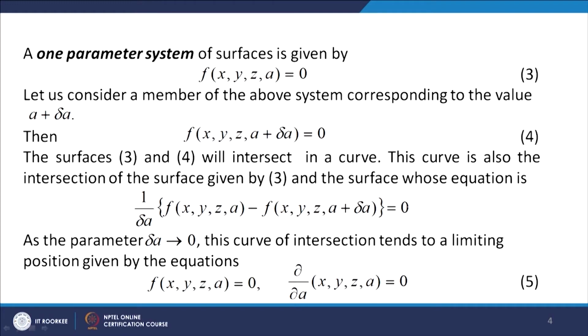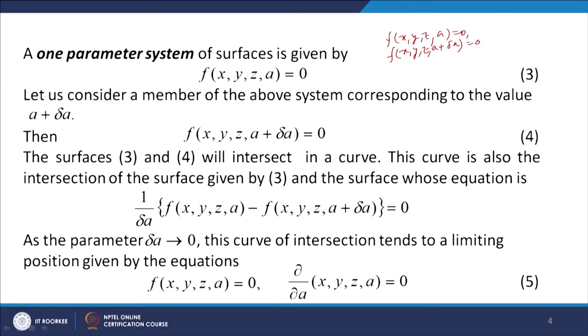Because the curve obtained by the intersection of the surfaces 3 and 4 will satisfy f(x, y, z, a) = 0 and f(x, y, z, a + delta a) = 0. So, the curve of intersection of the surfaces 3 and 4 will be given by these two equations.